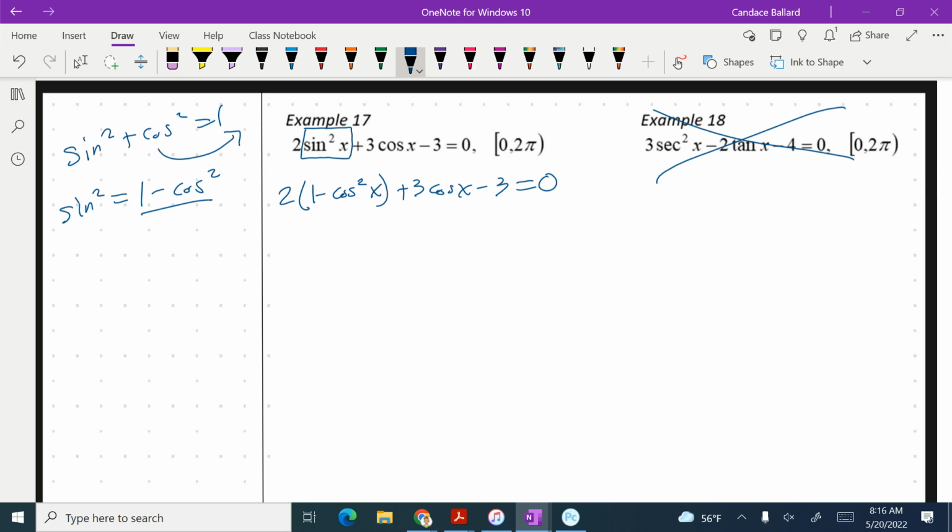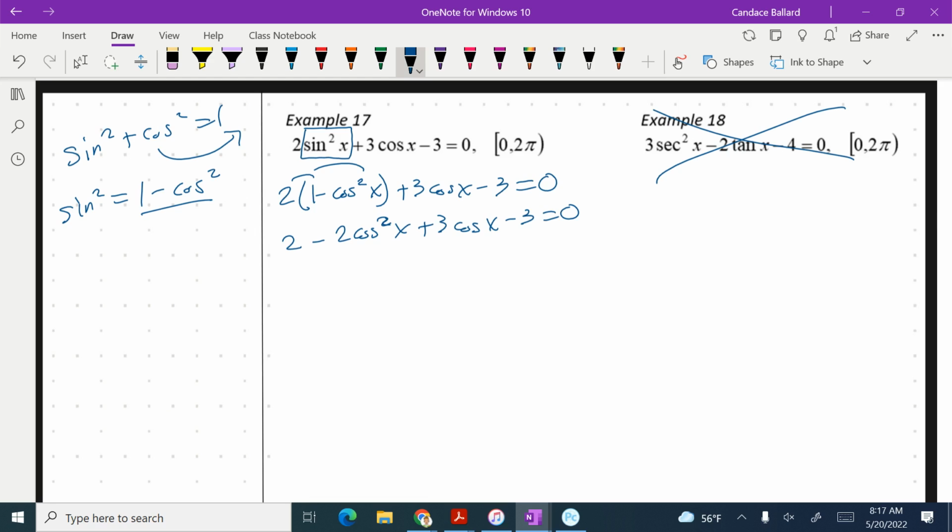All right, we're going to do a little bit of algebra before we can factor, okay? What do you think I'm going to do next? Yeah, distribute the 2. That instinct should kick in and do that. So 2 minus 2 cosine squared x plus 3 cosine x minus 3 equals 0.